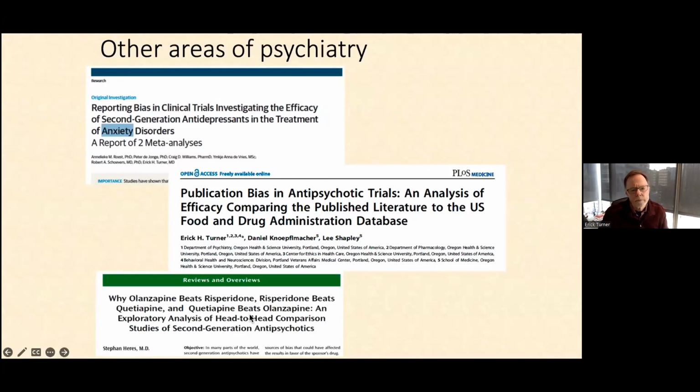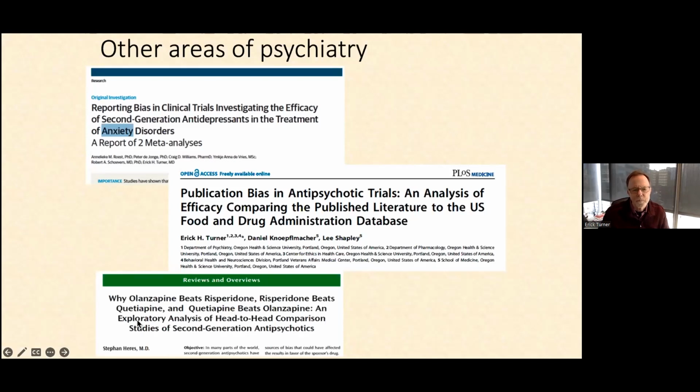And then this third one down here is not something that I was involved in, but I just love the title: Why olanzapine beats risperidone, risperidone beats quetiapine, and quetiapine beats olanzapine. So A is better than B, B is better than C, but somehow C is better than A. How can that be?